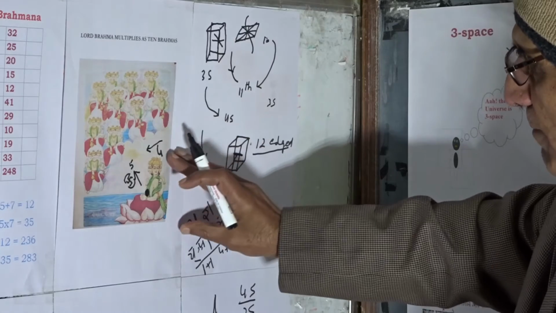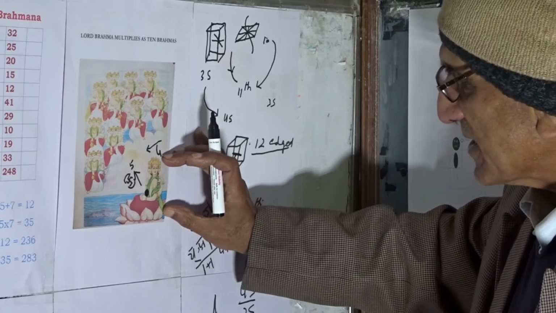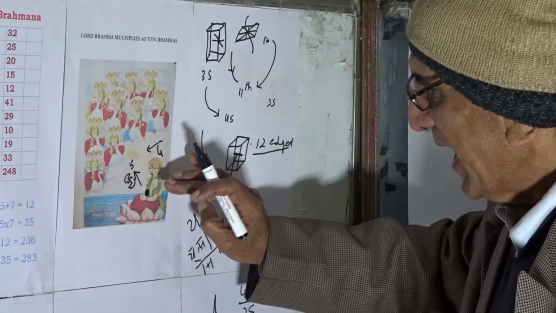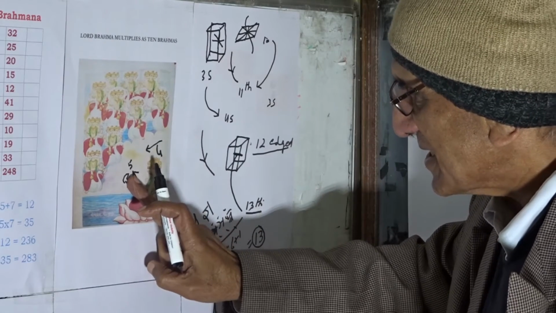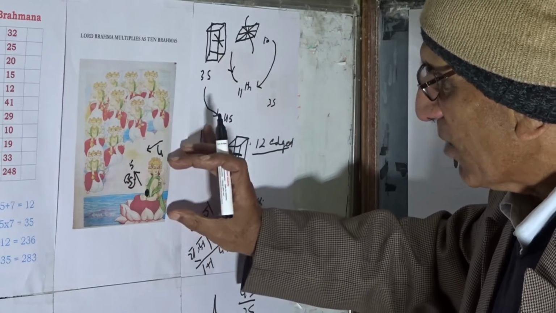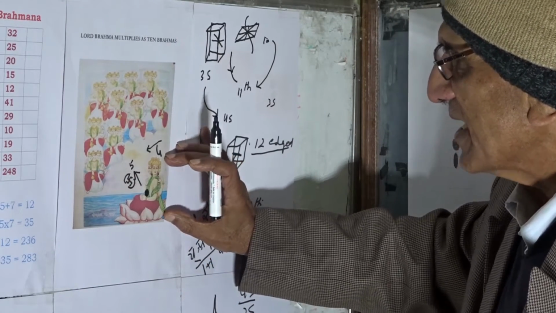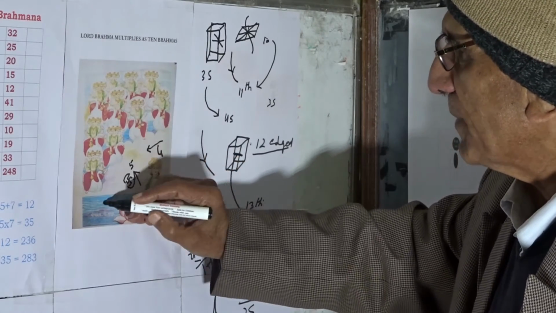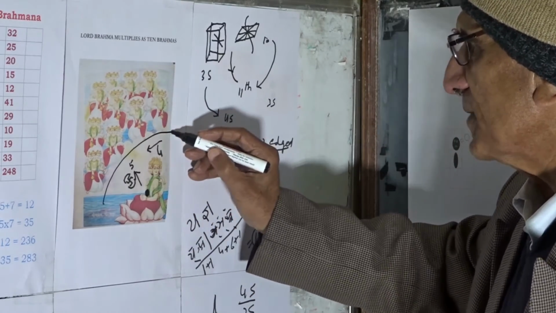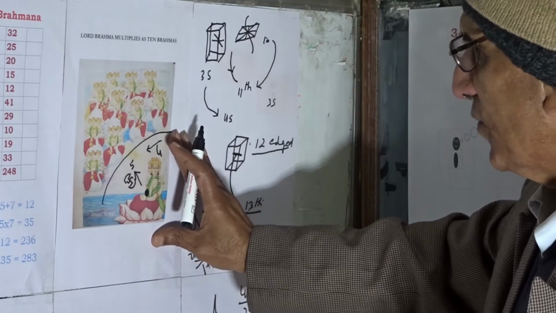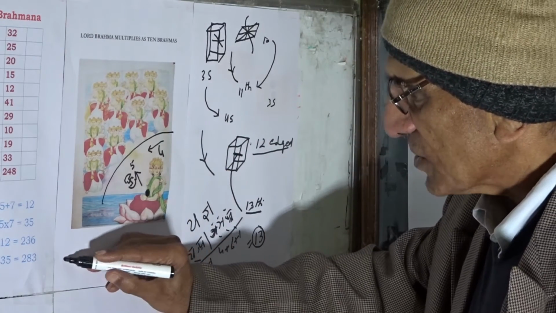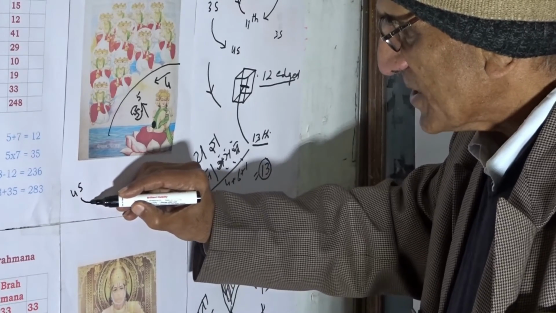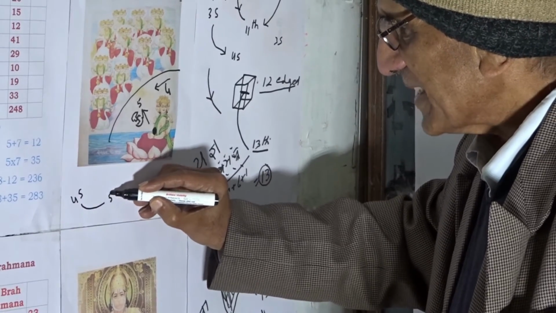Now Lord Brahma meditates within the cavity of his own heart at the transcendental seat and acquires a transcendental grace, as a result of which Lord Brahma multiplies as 10 Brahmas. This would mean that a 4 space leads to a 5 space setup.